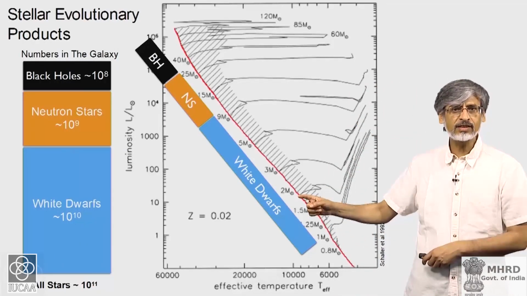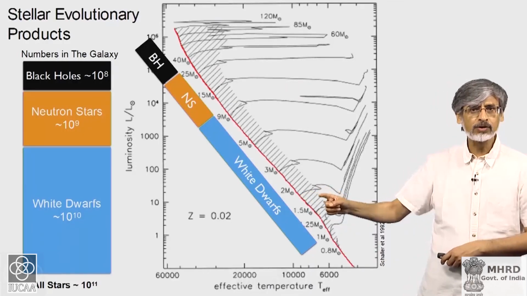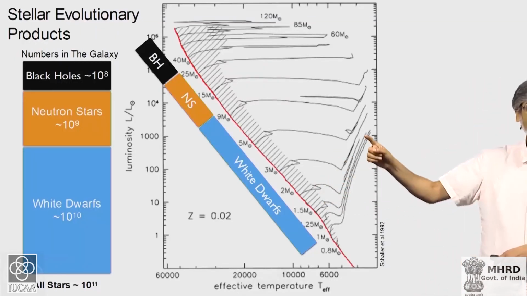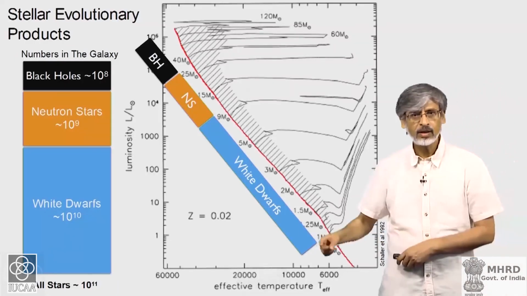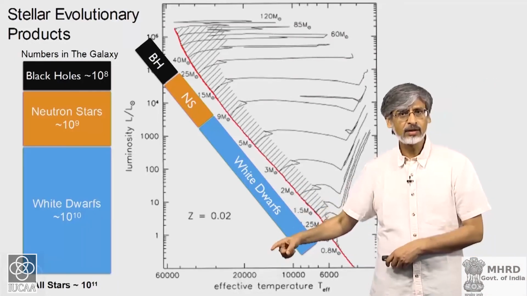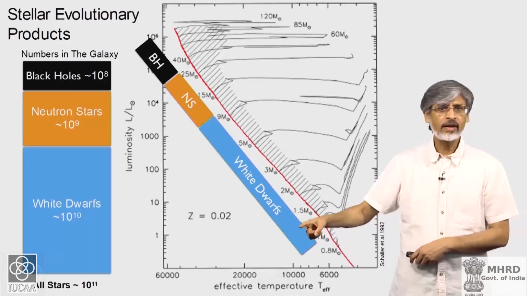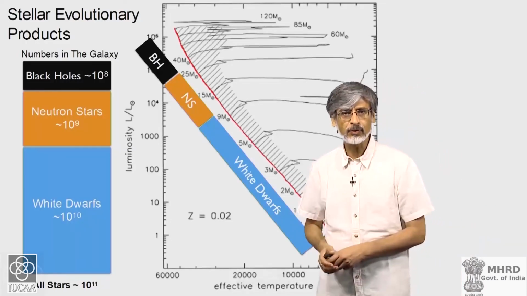And for each such star, after the hydrogen burning is over, the evolution follows one of these tracks, and at the end of this track is where the compact object is produced. Now, this schematic diagram here shows the range of stars which will lead to different types of outcomes.